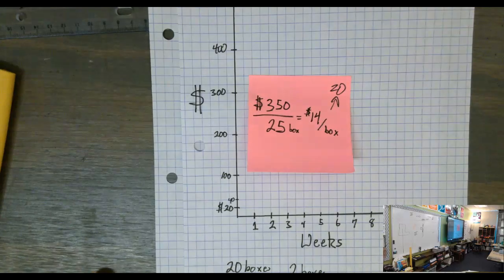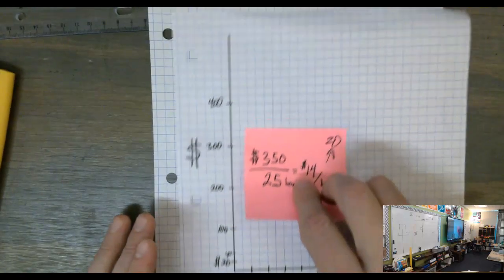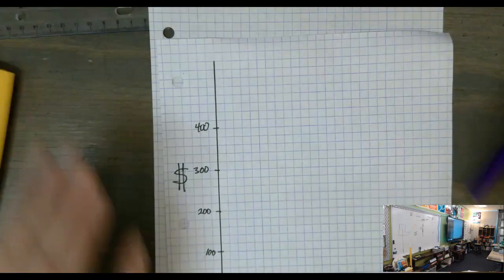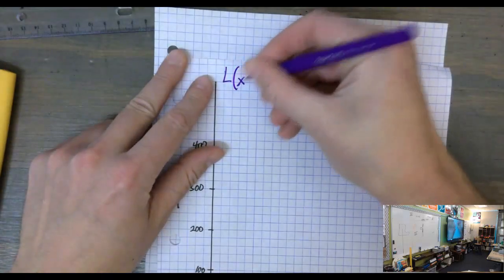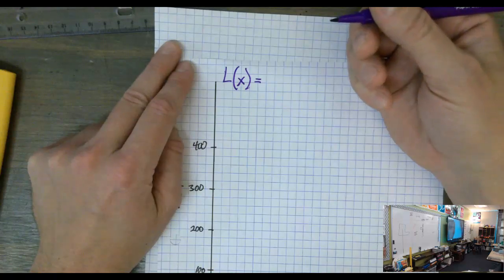I'm going to start graphing Latanya. If you need help graphing Latanya, you can look up here. So, what I wrote down for Latanya already, right? Well, hopefully you wrote it down. If you didn't, here's your other chance.